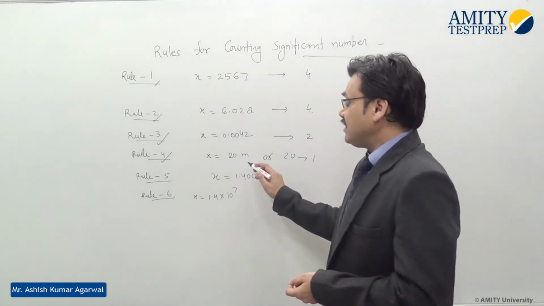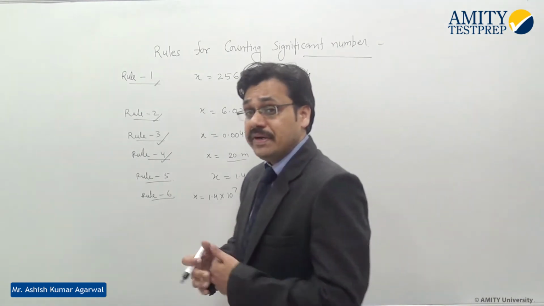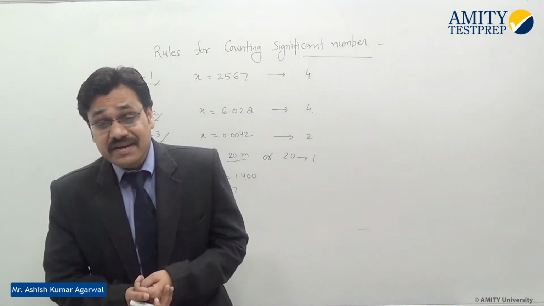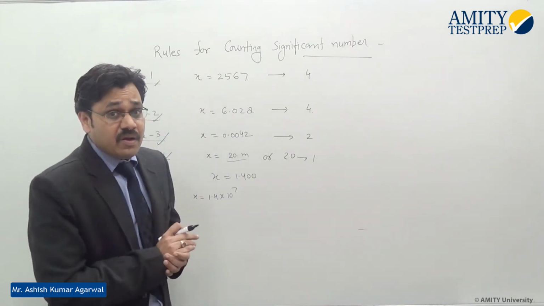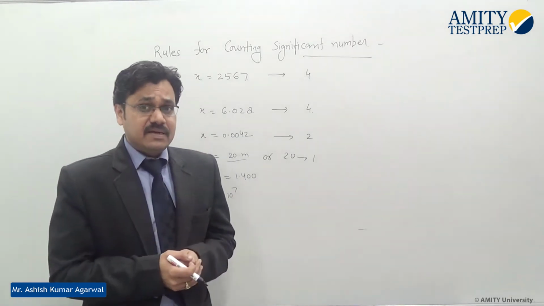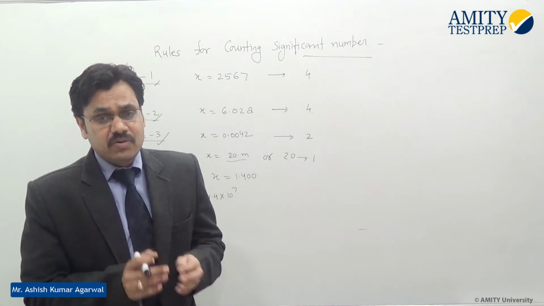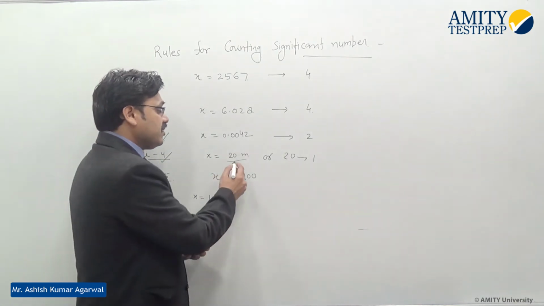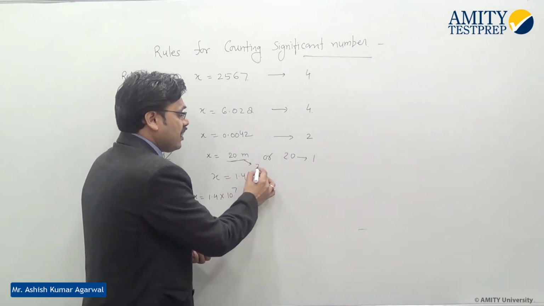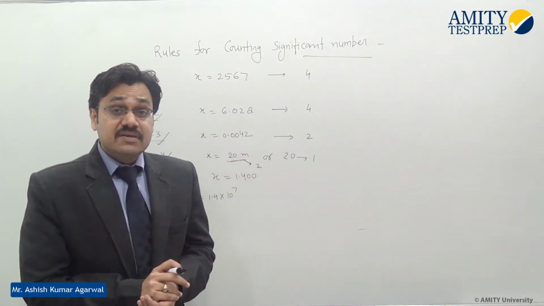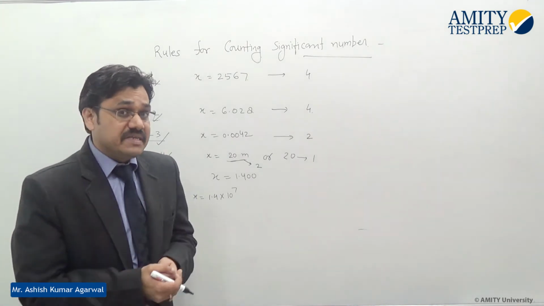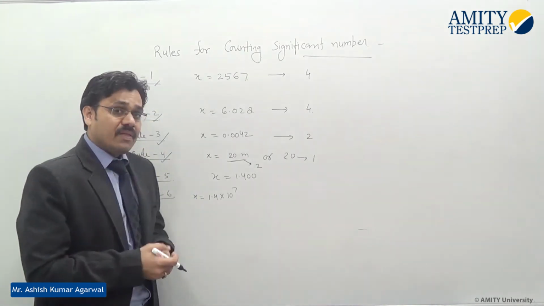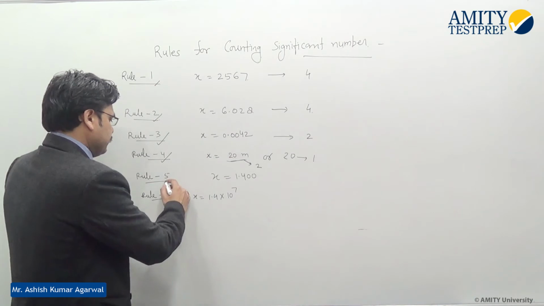But if a measurement is given with units or a certain parameter, then all zeros after the non-zero digit are counted as significant figures. So in 20 meters there are 2 significant digits. Now the fifth one.